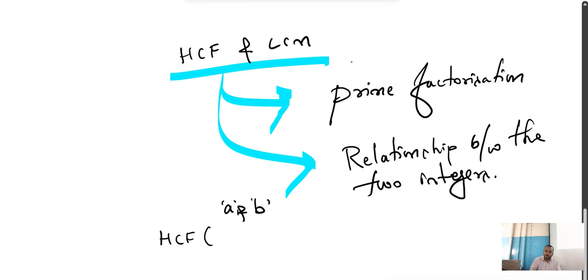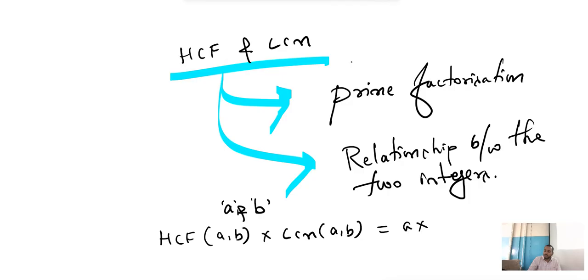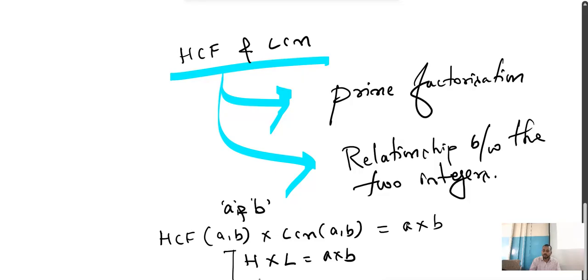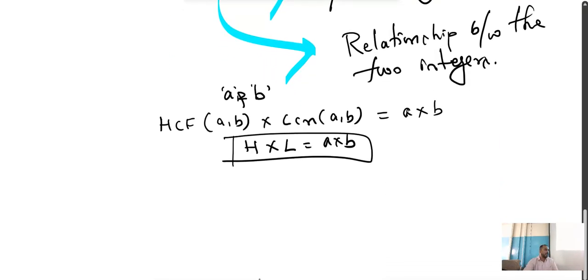HCF of two integers into LCM of two integers is equal to a cross b, or a into b. In short, HCF of a, b we write as just H, LCM we write as L, so H into L is equal to a into b. Is this clear? So this is the relation.